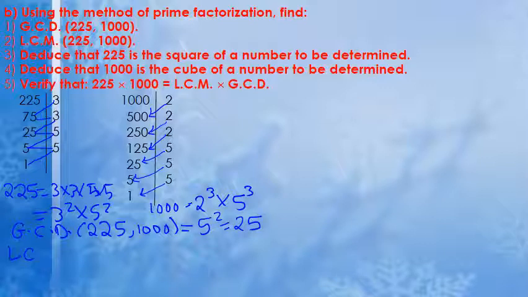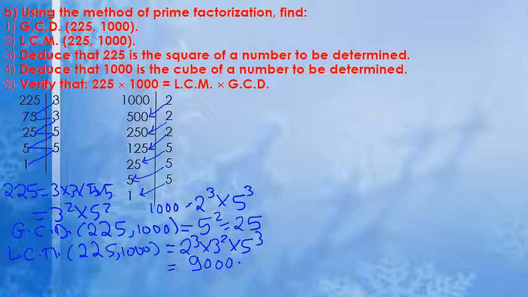Now if we want to find the LCM of 225 and 1000, we take 2 cubed times 3 squared times 5 cubed. Now I have 4 times 9, it's 36, and so here the answer is 9000. The LCM is 9000.